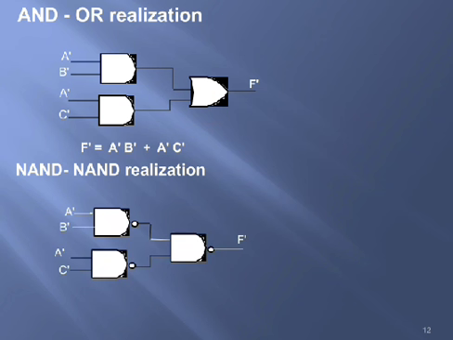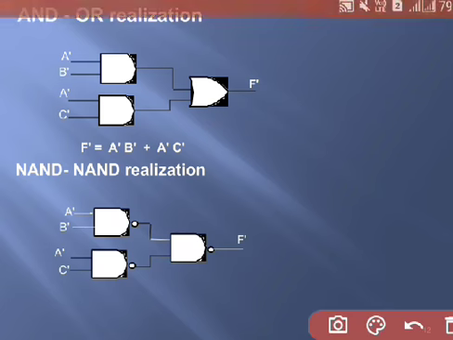Replacing AND gates with NAND gates, and even the OR gate also with a NAND gate, so that it will function in a similar manner as we did for AND OR realization. So inputs are a bar b bar and a bar c bar, and the output of the first NAND gate will be what?